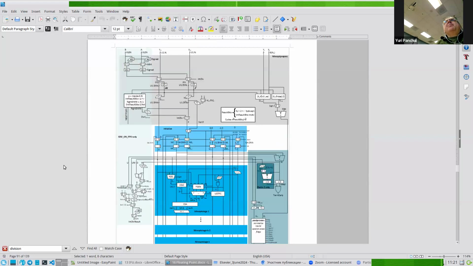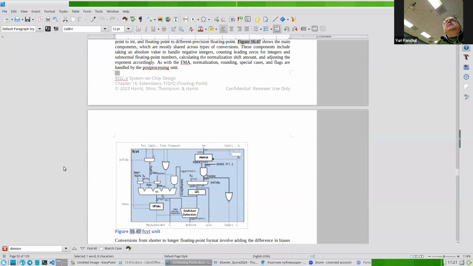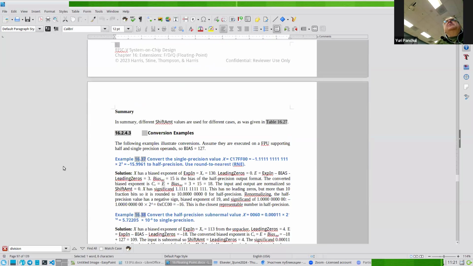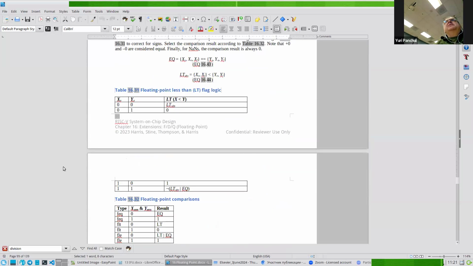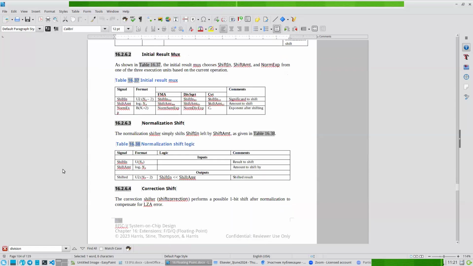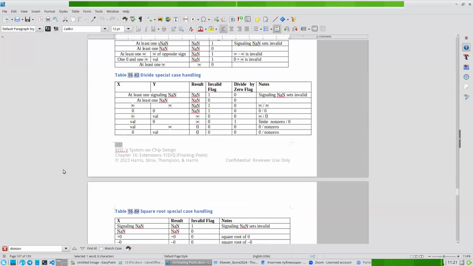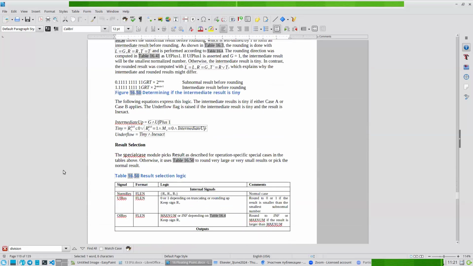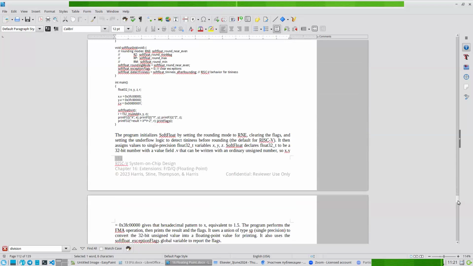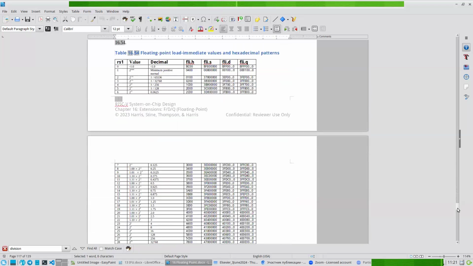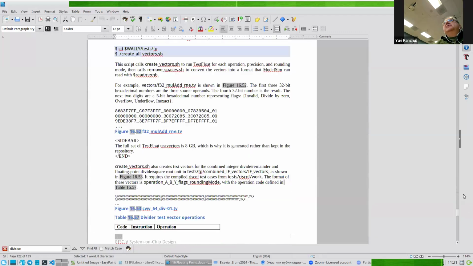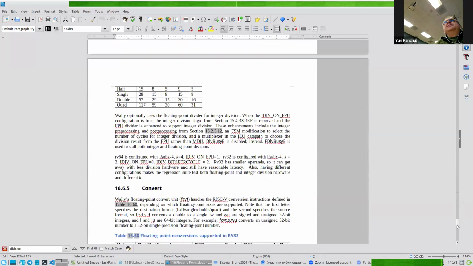Where is this table? Latency conversion. You see, this book is coming on the market, I think, in March. Where's latency?